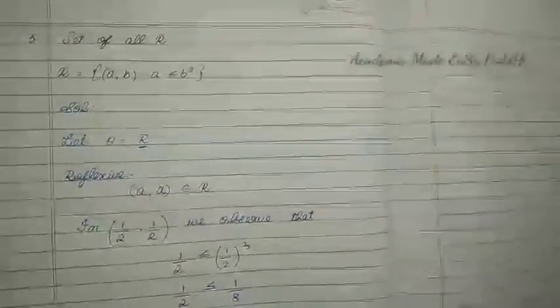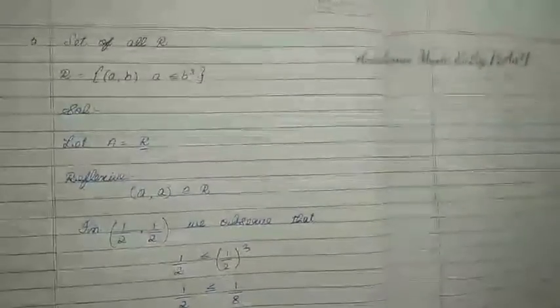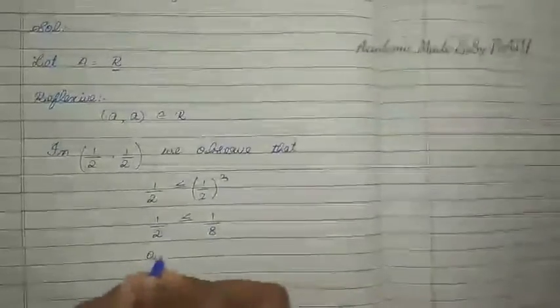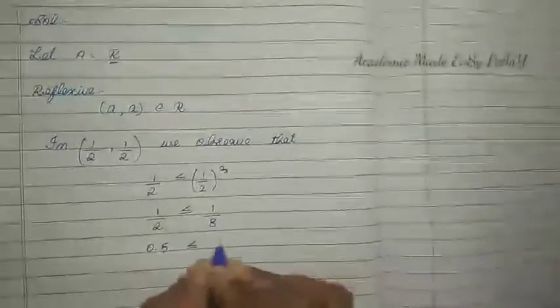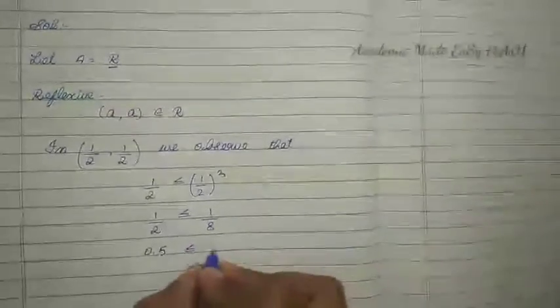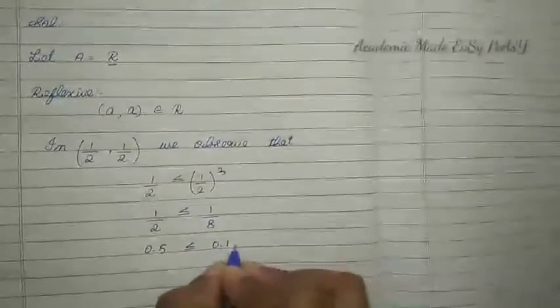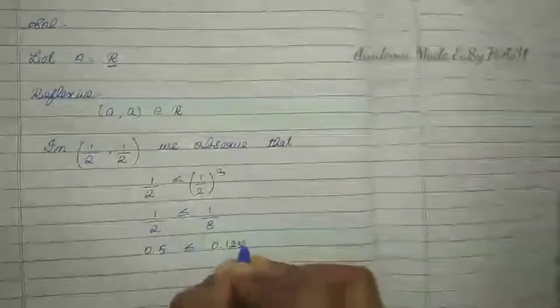So 1 by 2 less than or equal to, 1 cube is 1, 2 cube is 8. So now if we convert, we will get 0.5, and this 1 by 8 we will get 0.125.